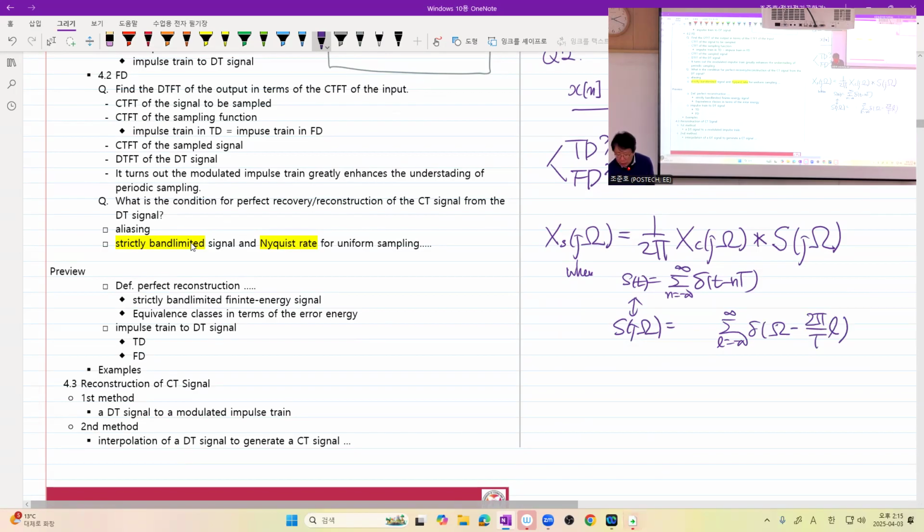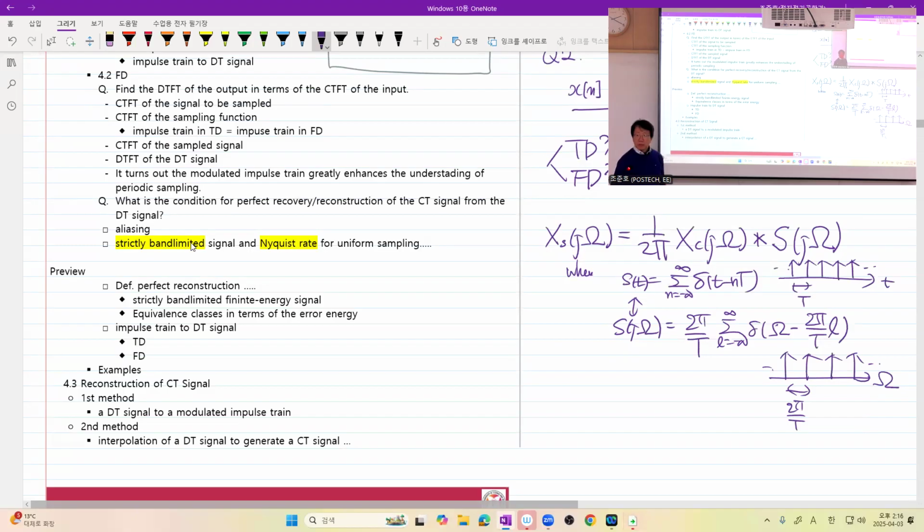I believe something like this. Got it? So if I plot these two impulse trains, here goes the time axis, here goes the radian frequency axis, and the delta functions have spacing capital T, and here the delta functions have spacing 2 pi over capital T.